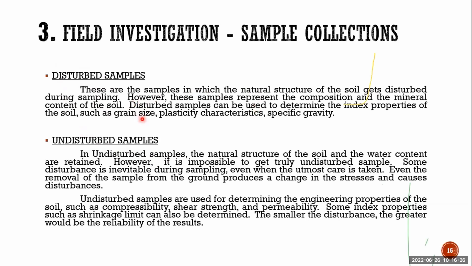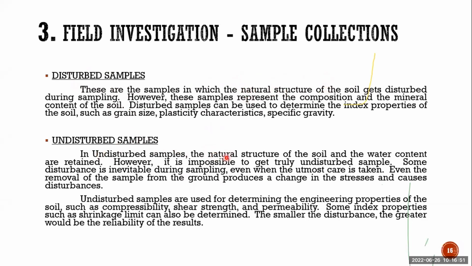In the disturbed sample, the natural structure of the soil gets disturbed, but it will represent the composition of the sample. In the undisturbed sample, the natural structure will not get disturbed.